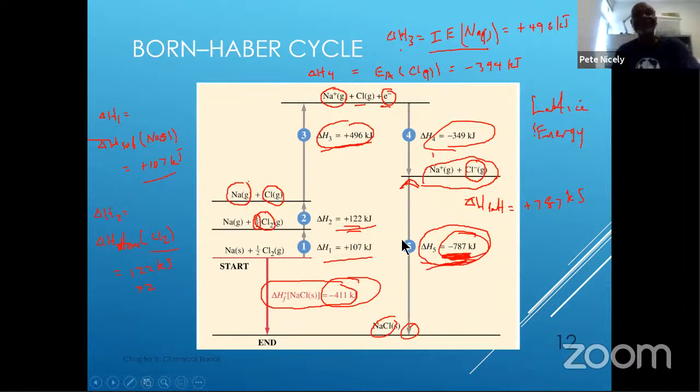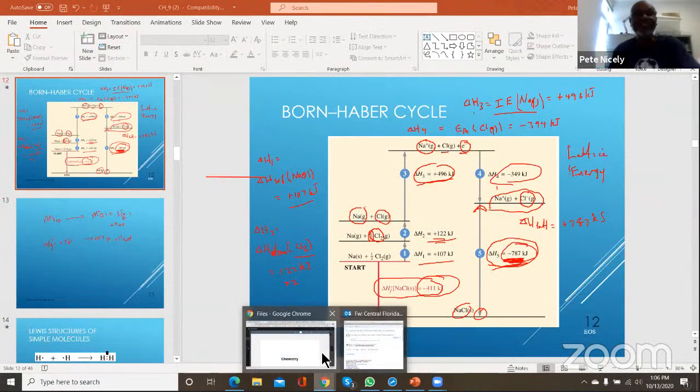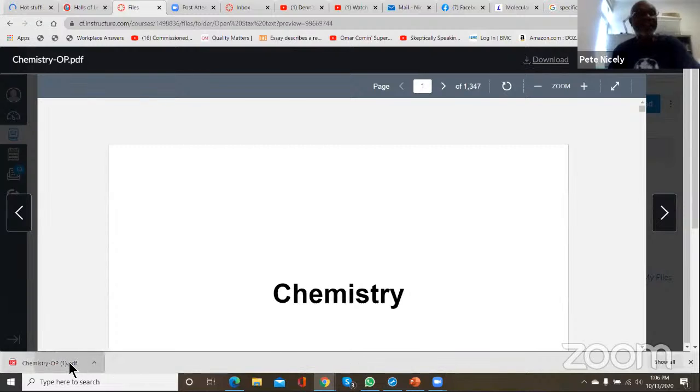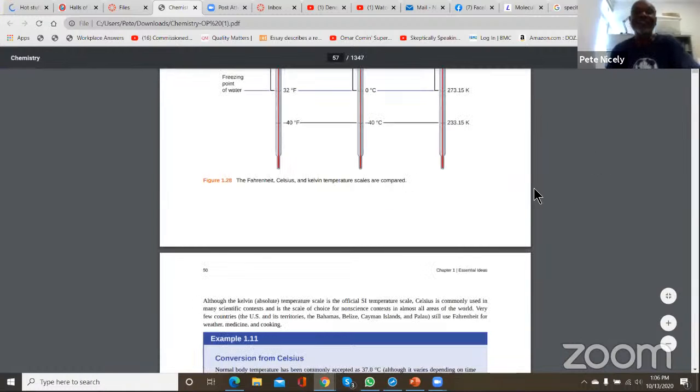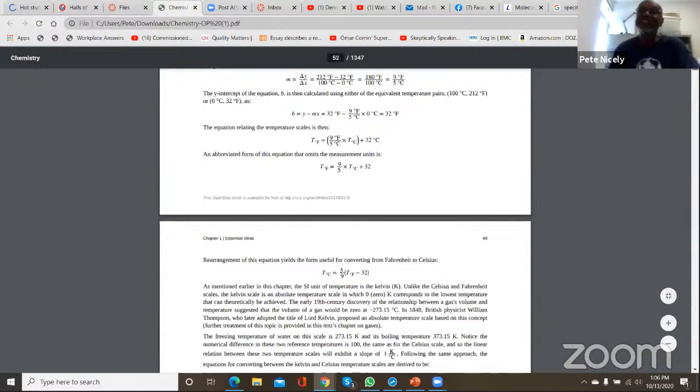Let me go back to see if my textbook has been completely downloaded yet. Okay. Let me see here. I just want to make sure I'm confirming what I stated earlier, so let me check the table of contents here.